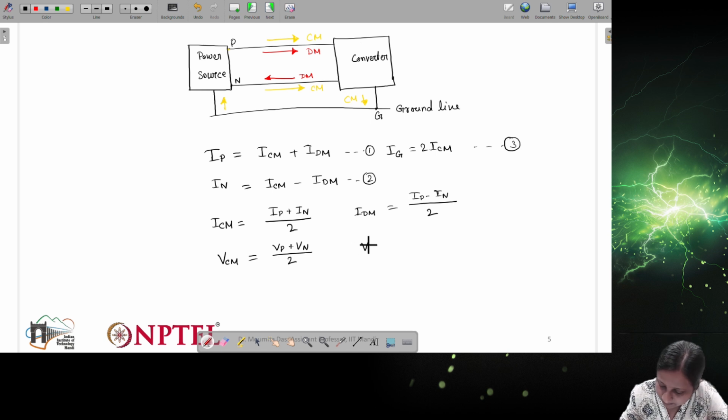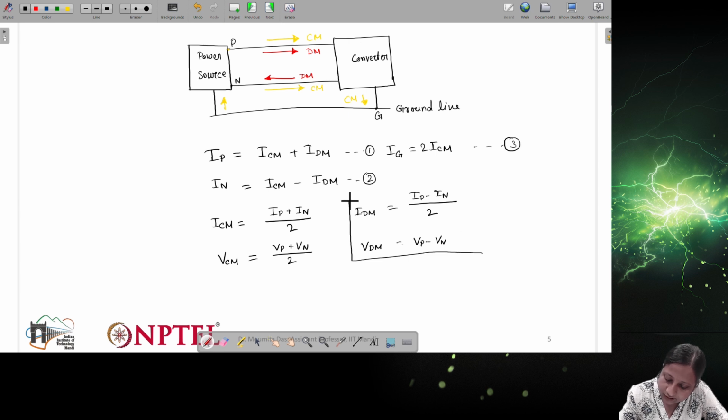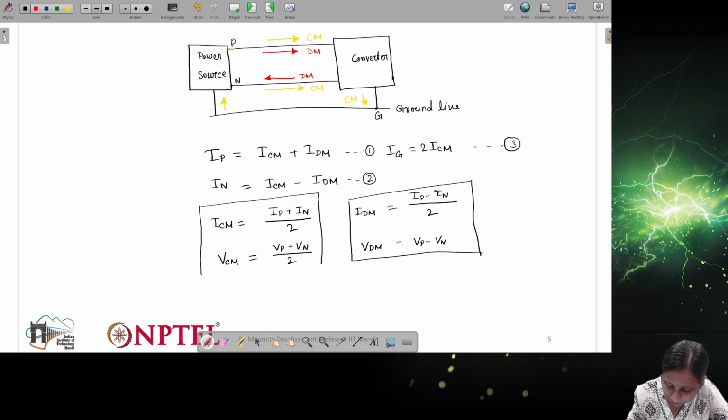Similarly VDM will be VP minus VN. So now you can see from this that this is common mode and this is differential mode.